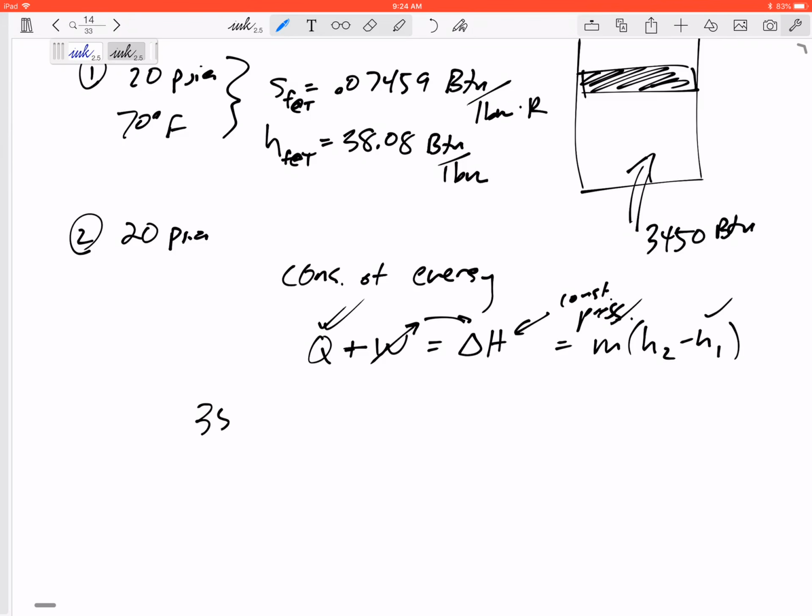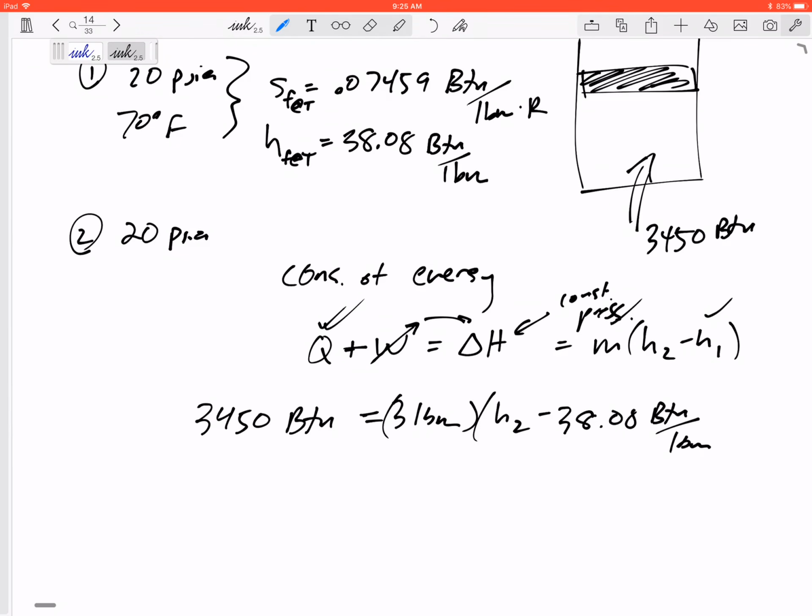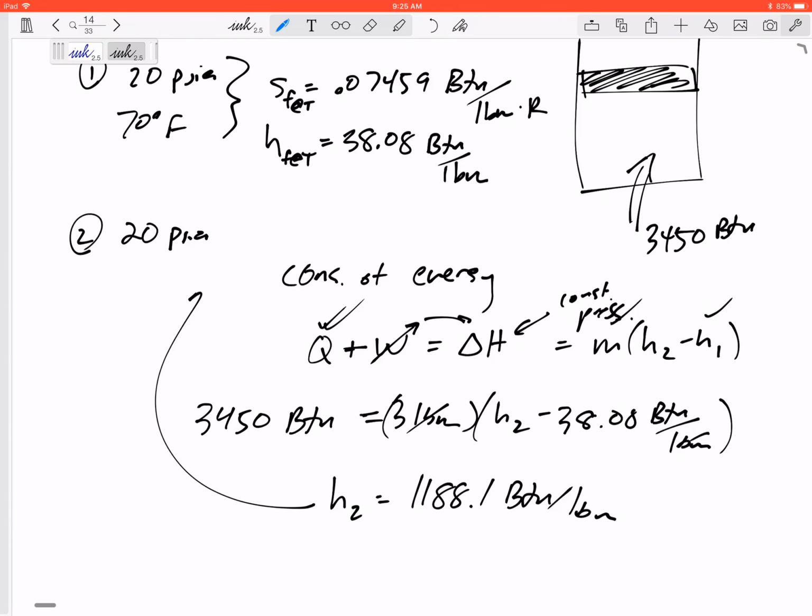So 3450 BTUs, and that's a Qin, so it's a positive Q, equals 3 pound mass times h2, which I'm looking for, minus 38.08 BTU per pound mass. Let's be careful with my units, and the units work out perfectly. I've got an h2 of 1188.1 BTU per pound mass.